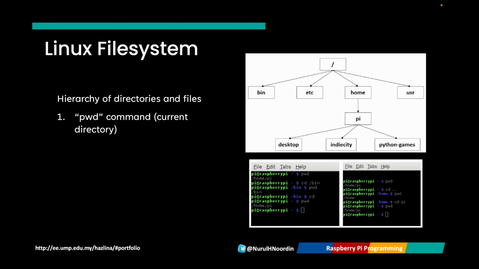To navigate this file system efficiently, we use essential command line tools. The first command, pwd, prints the current working directory, allowing users to see their exact location in the file structure. Next, we have ls, which lists files and directories within the current location, helping users explore their system.